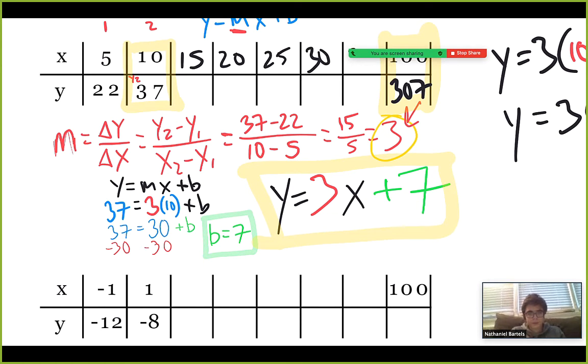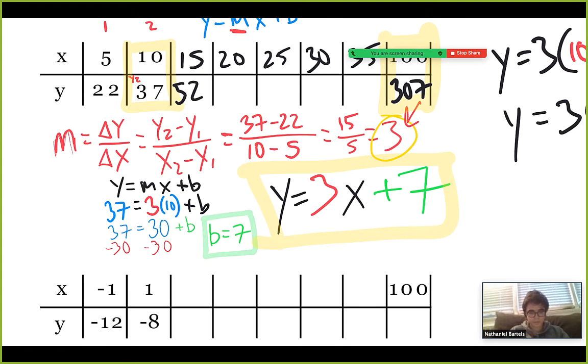All right. So what is 3 times 15? 3 times 15 is 45. And 45 plus 7? 45 plus 7 is 52. Well done. All right. 20 times 3 is what? 20 times 3 is 60.